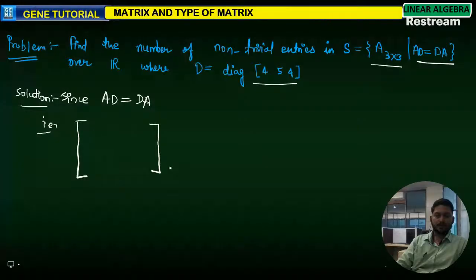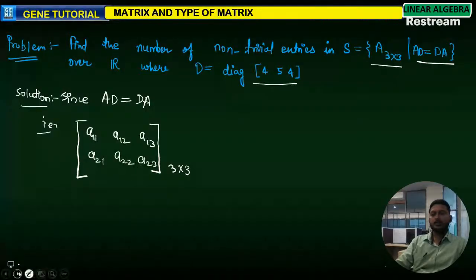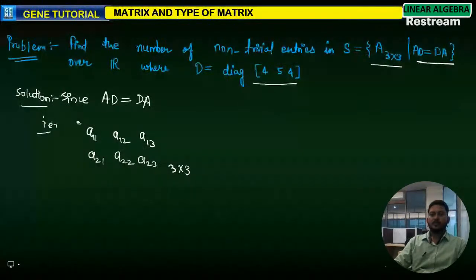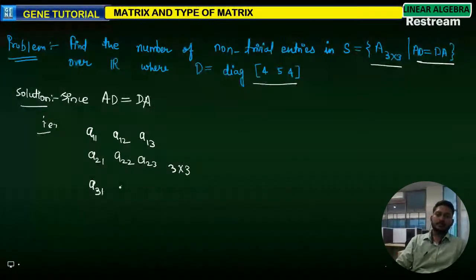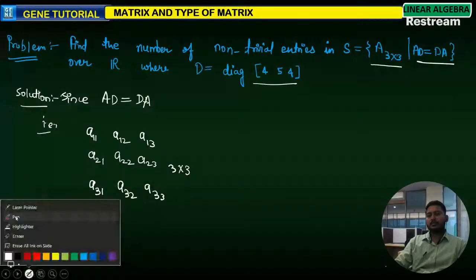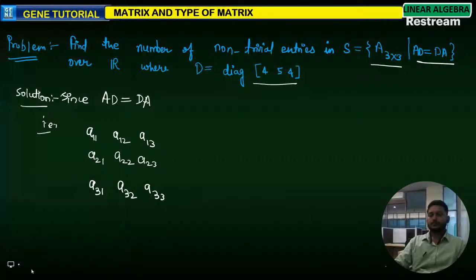First of all, A11, A12, A13, A21, A22, A23, and the next row A31, A32, and A33, and their entries are like this. 4, 5, 4 type.